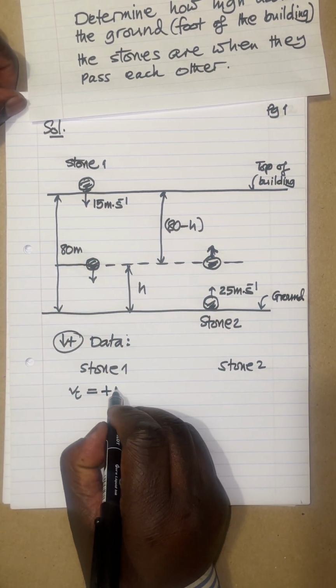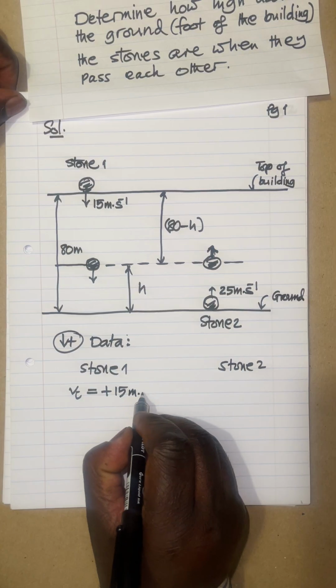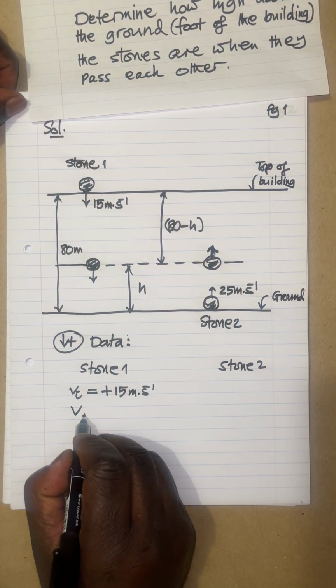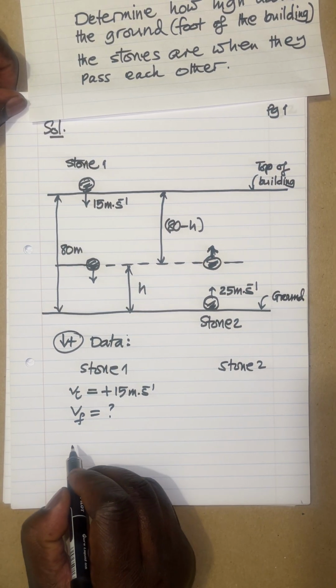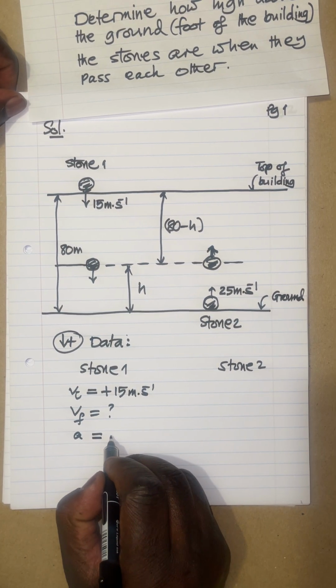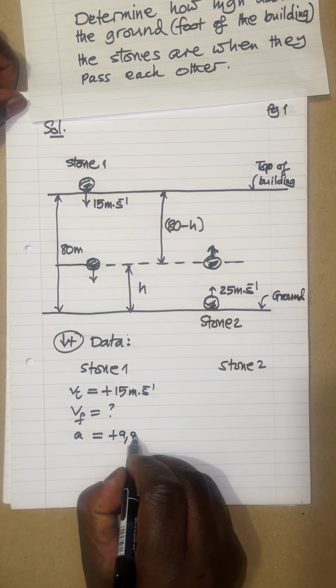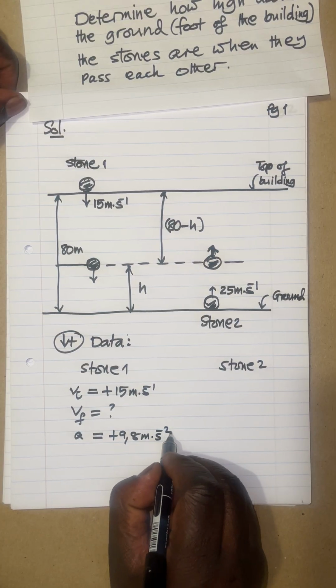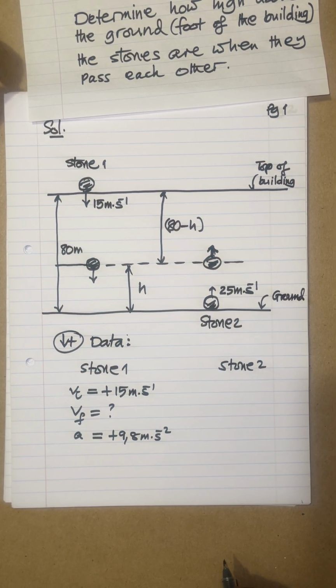So this will be positive 15 meters per second. Do we know final velocity? No, we don't. Do we know acceleration? Yes, it will be gravitational acceleration, which is positive 9.8 meters per second squared. Remember, we're taking down as positive, and acceleration due to gravity is 9.8 meters per second squared downwards.